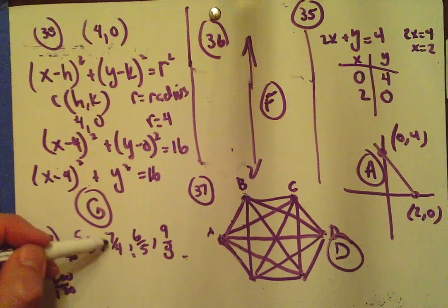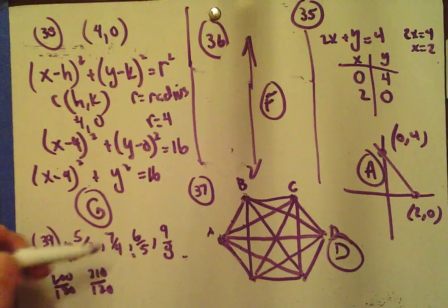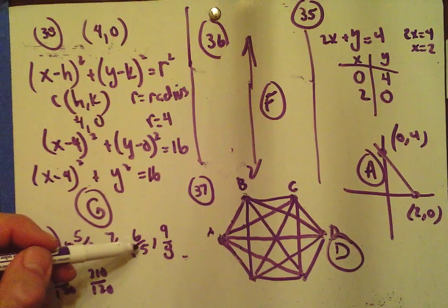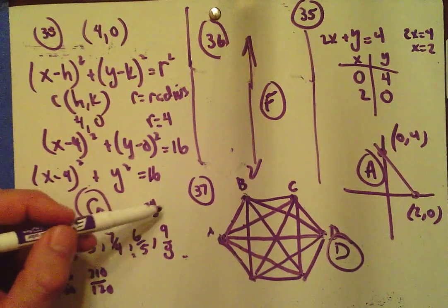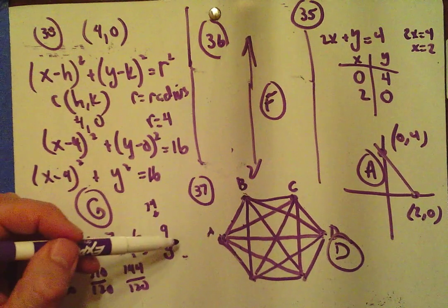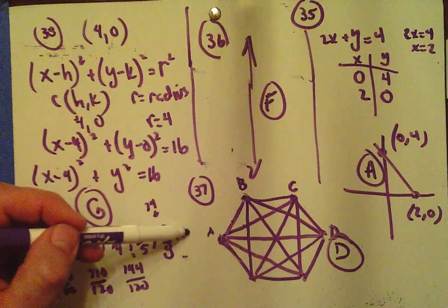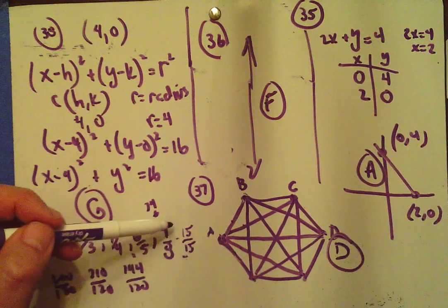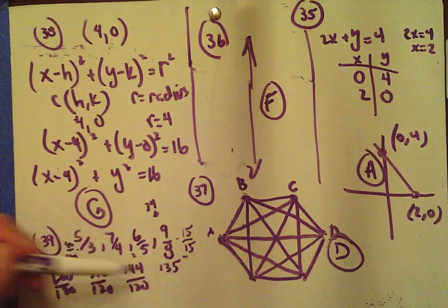And here I have to multiply by 30 over 30, that's 210 over 120. And here, in order to get 120, I have to multiply by 24. 24 times 6 is 144 over 120. And 8 times what is 120? 8 times 15 is 120. 9 times 15 is 135.